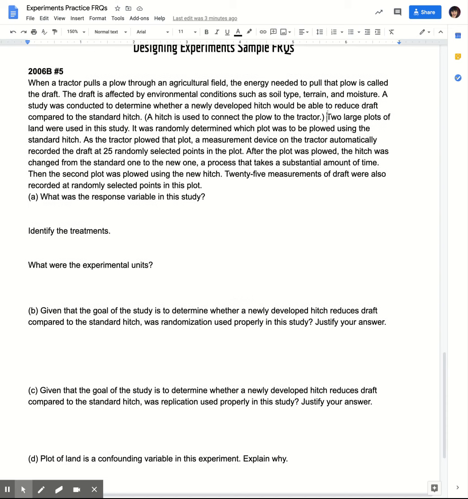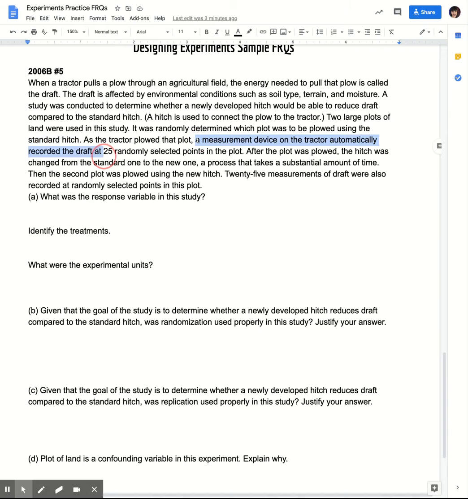Okay, and then they talk about how they conducted the experiment. So they said 2 large plots of land were used in the study. So they're only using 2 plots of land. It was randomly determined. Okay, good. So we have some randomization in there. Which plot was to be plowed using the standard hitch? So then obviously the other plot would be plowed with the new hitch. Okay, right?